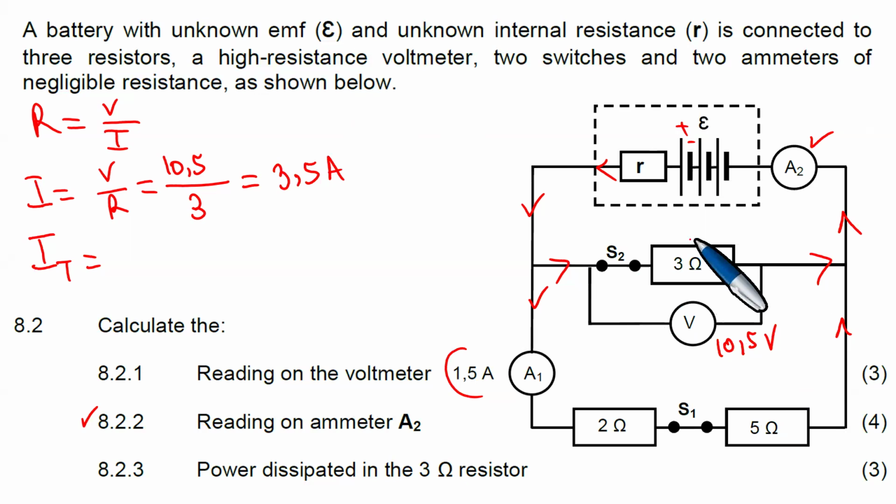And then now we know that the resistance here is actually exactly 3 ohms. So that in the end, we have the 10.5 volts and the 3 ohms. But I equals V over R, which means that you're going to have exactly the 10.5 divided by 3, which is 3.5.